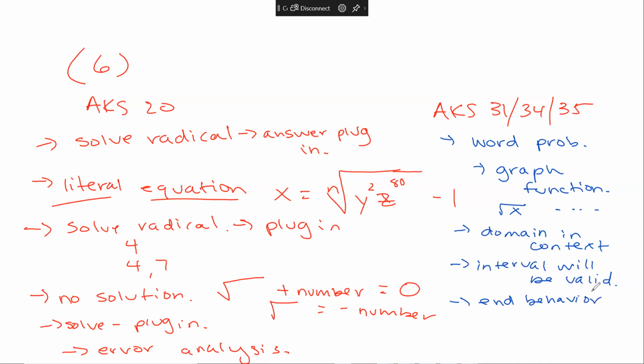Again, that's from your 4B review guide. The next one asks about decreasing. And the last one is asking you to write the equation. So 1, 2, 3, 4, 5, 6, 7. 7 questions.